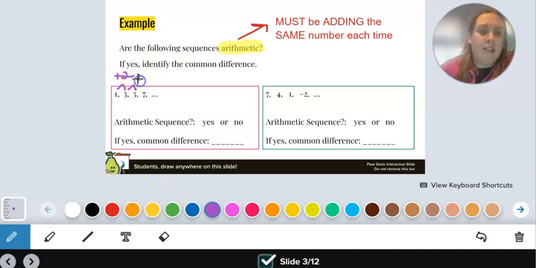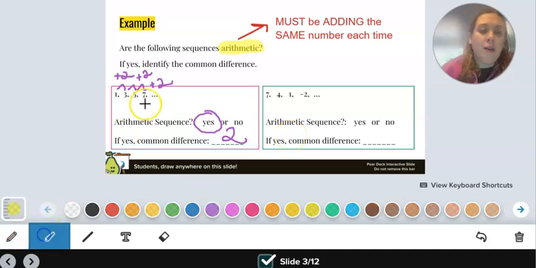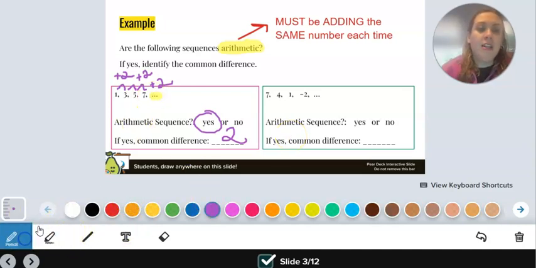I also add 2. 3 plus 2 is 5. 5 to 7, also add 2. So yes, this is arithmetic, and our common difference is a positive 2. Notice we also have this dot, dot, dot at the end that tells us it's continuing on in this same pattern. And the pattern that we discovered is we're adding 2 each time.